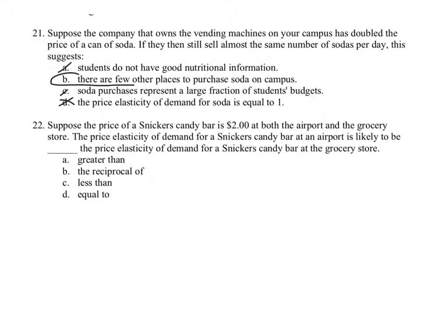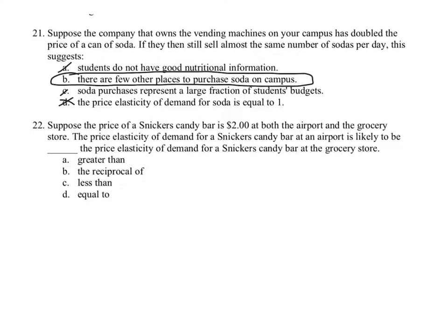So this is, again, one of the determinants of the elasticity of demand: how many substitutes there are. On campus there's probably not very many substitutes for the few vending machines that campus has allowed to be there. They're probably all owned by one company. So if the price doubles in one, the price doubles everywhere else. The other determinant is budget share.